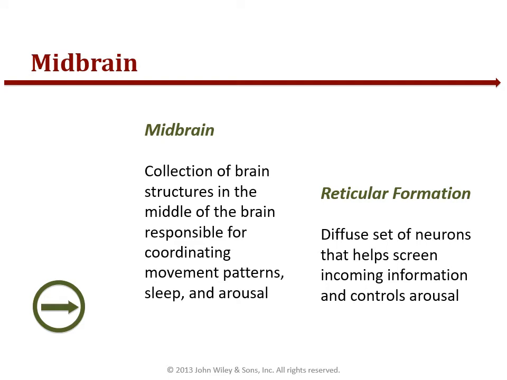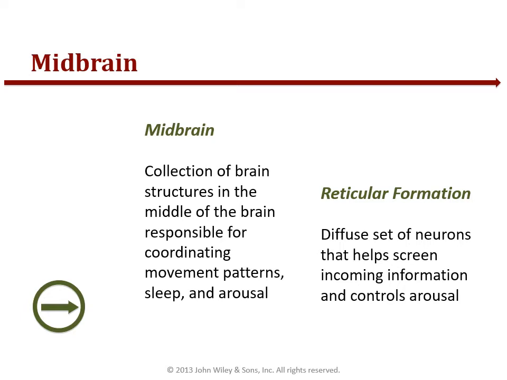Now, we've moved up toward the midbrain. The midbrain helps us to be oriented in terms of our eye and body coordination, movements for visual and auditory stimuli. It also works along with the pons to help in controlling your sleep as well as level of arousal.